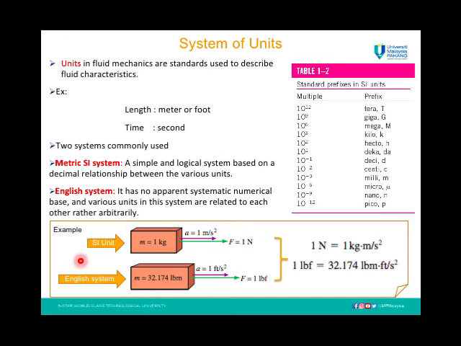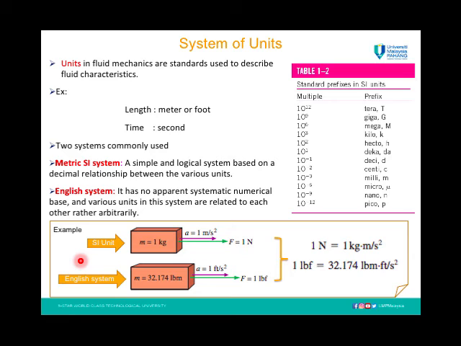In the SI system, the force unit is the Newton and it is defined as the force required to accelerate a mass of 1 kg at a rate of 1 meter per second squared. In the English system, the force unit is the pound force and is defined as the force required to accelerate a mass of 32.174 pound mass at a rate of 1 foot per second squared.